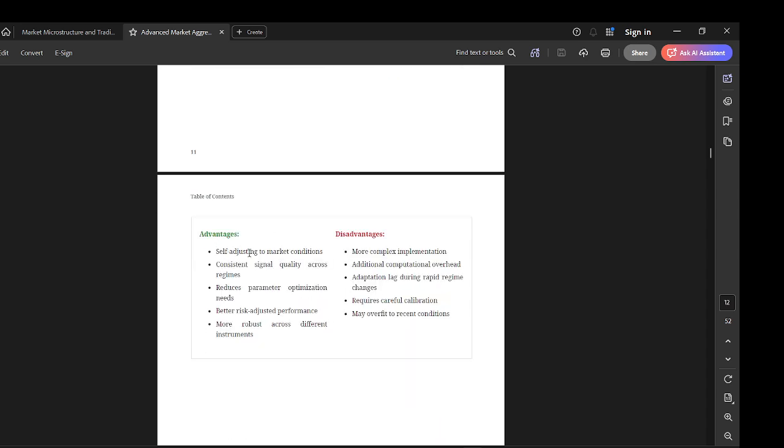The advantages are self-adjusting to market conditions, consistent signal quality across regimes, reduced parameter optimization needs, better risk-adjusted performance, more robust across different instruments. The disadvantages: more complex implementation, additional computational overhead, adaptation lag during rapid regime changes, requires careful calibration, may overfit to recent conditions.